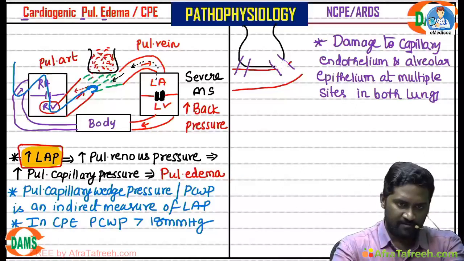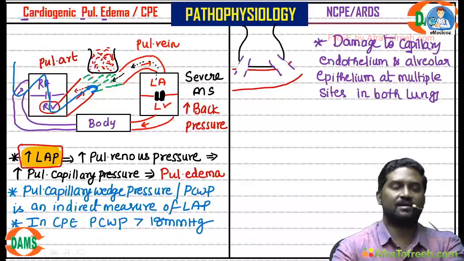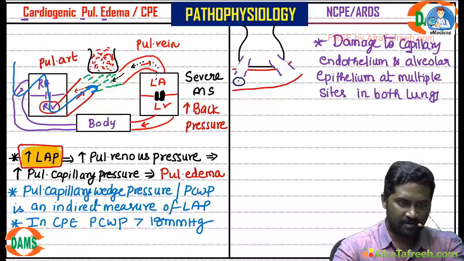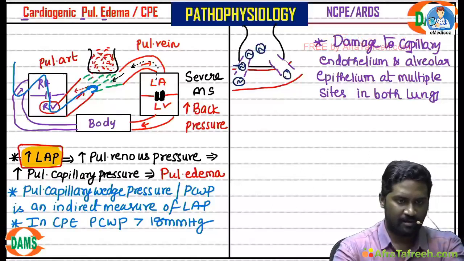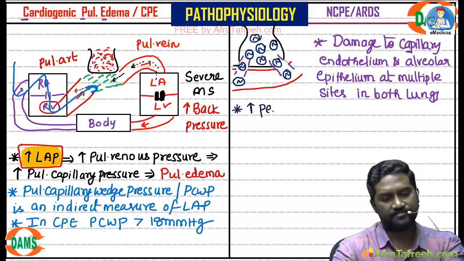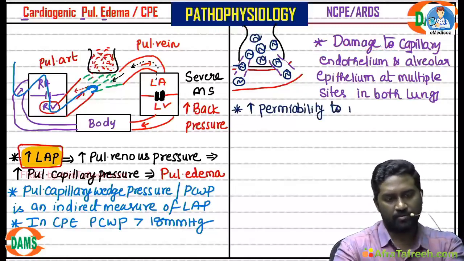Whenever there is damage, there can be a leak like this. Through this leak, notorious cells in circulation called neutrophils will gain access into the alveoli. There will be increased permeability to neutrophils.